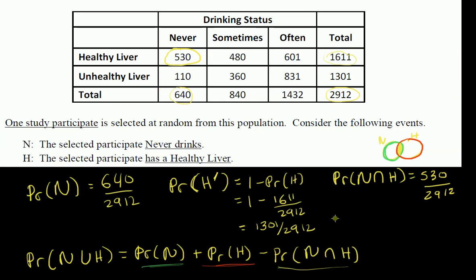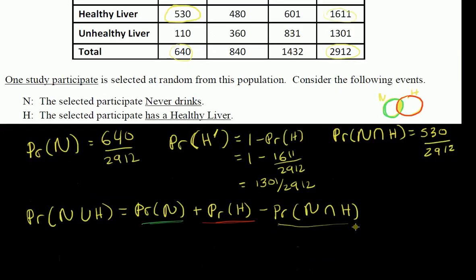So let's see, we already found all of these pieces. 640 divided by 2912, that was never drinks. Healthy liver, we found it right there, 1611 divided by 2912, and then we'd subtract off the intersection.